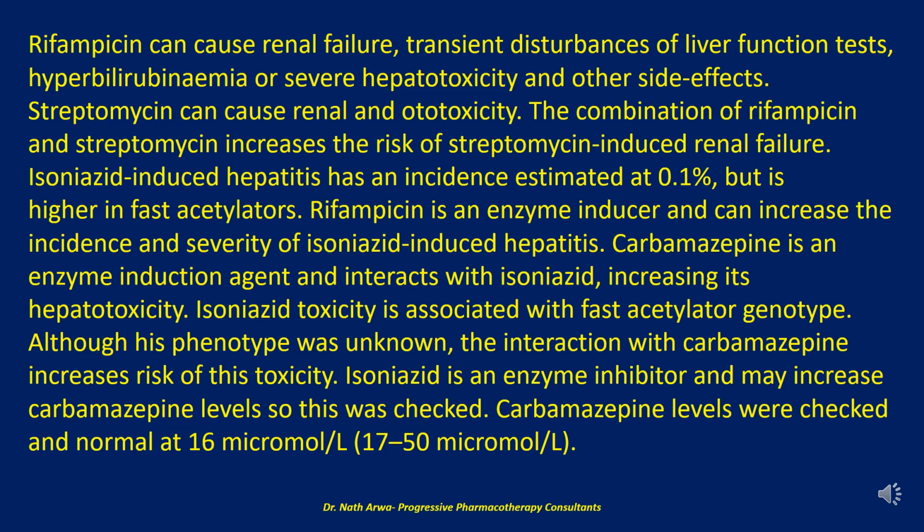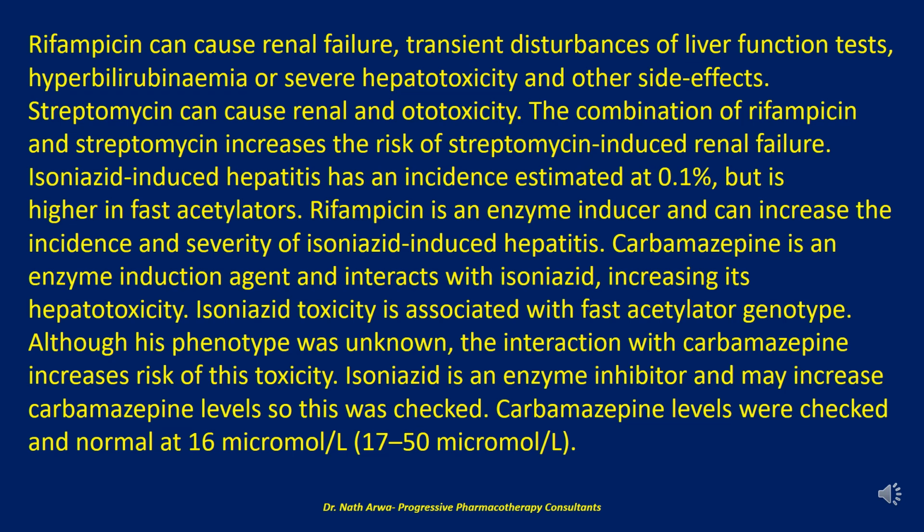Carbamazepine is an enzyme induction agent and interacts with isoniazid, increasing its hepatotoxicity. Isoniazid toxicity is associated with fast acetylator genotype. Although his phenotype was unknown, the interaction with carbamazepine increases risk of this toxicity.